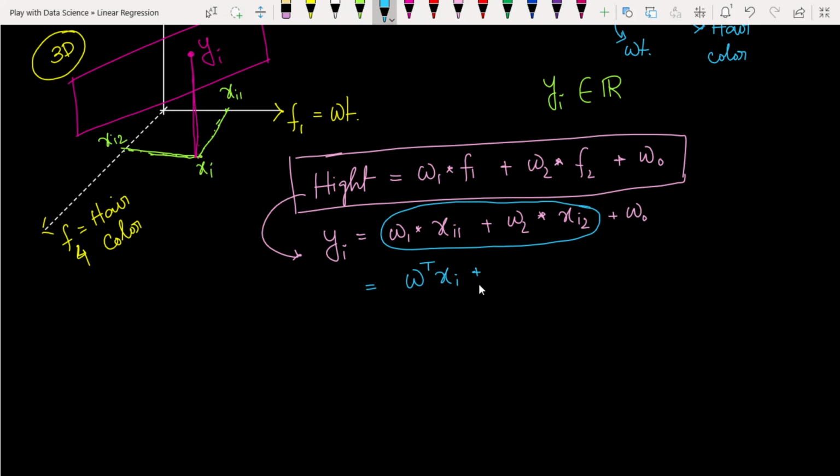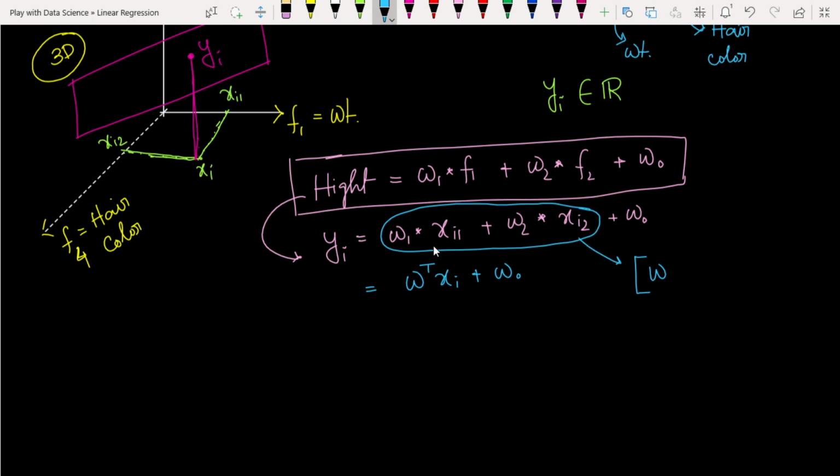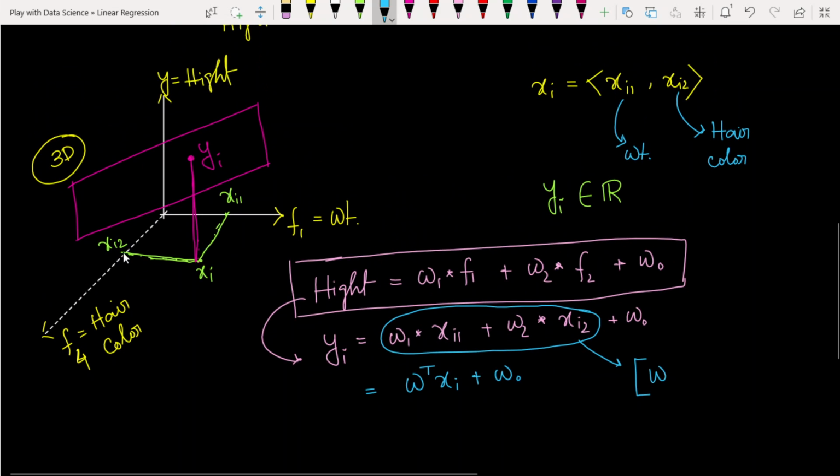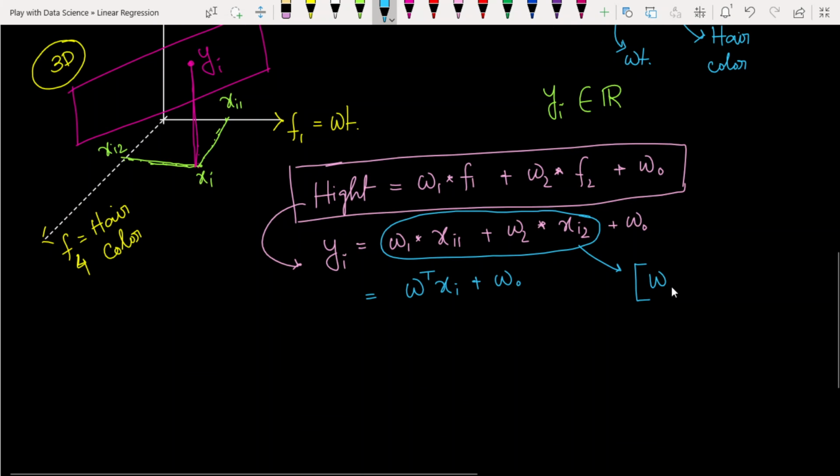Because here we have taken two features, so our weight vector also has two components, and our xi. So you can see it.